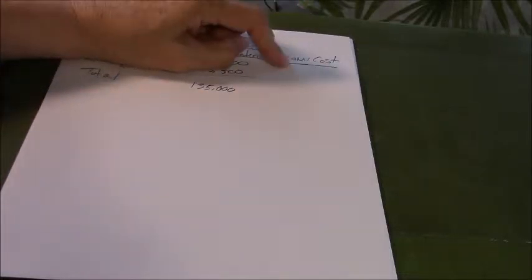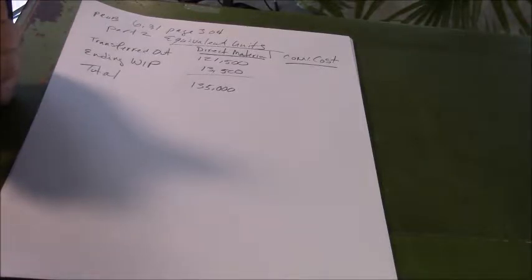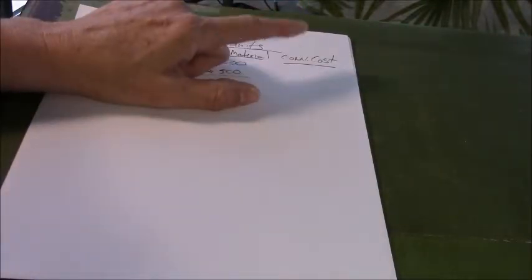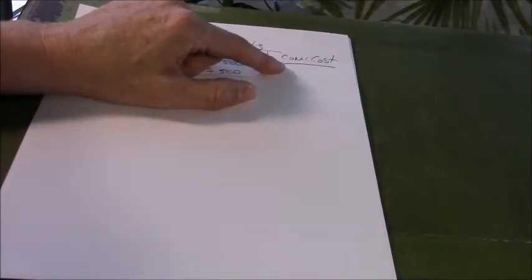Now conversion cost: the work on the factory floor, the labor, the applied overhead, stuff like that. That comes into play with equivalent units because the work in process is not complete.